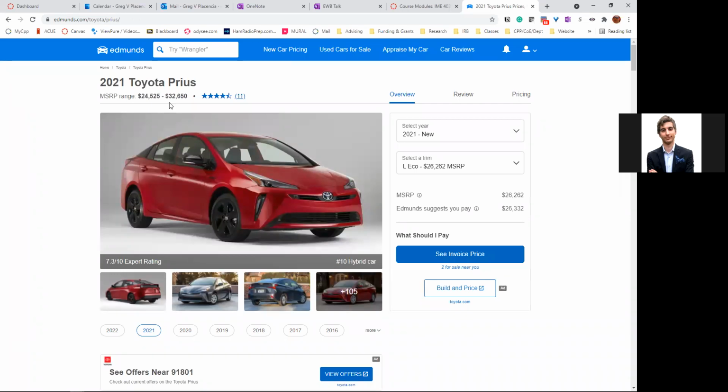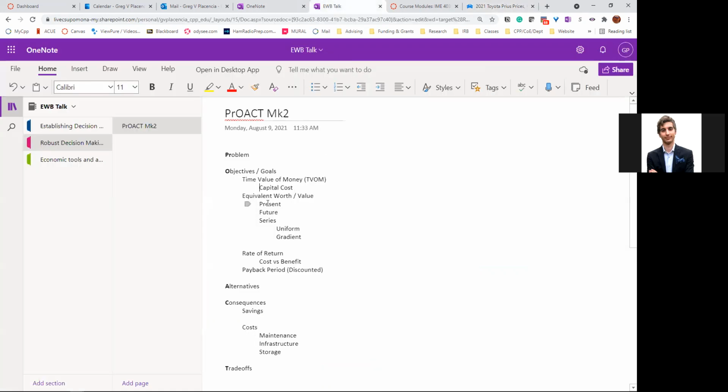But the point is that the cost for the Prius right now is somewhere in that range. Notice how it says the MSRP is 26,2. So let's round off to 26 grand for a capital cost. Now, given the capital cost, and given the fact that it's a present worth, we can ask ourselves one question.